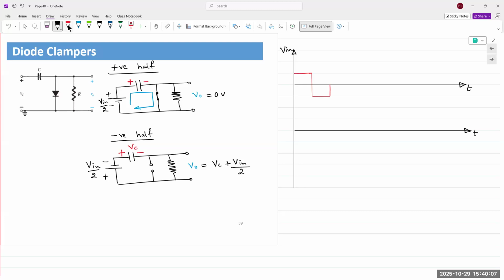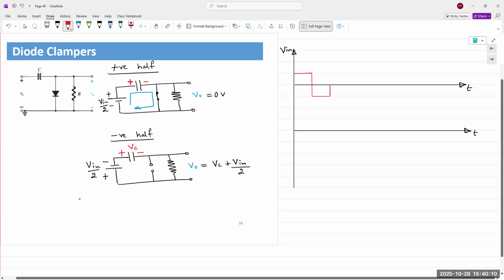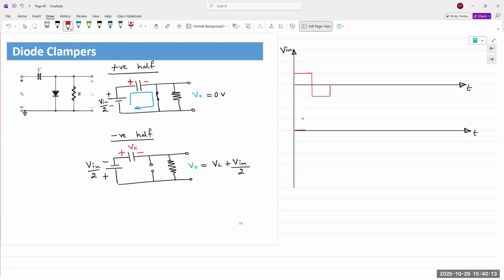For the positive half cycle, I have 0. In the negative half cycle, it goes to minus VC minus V in by 2, the negative of VC plus V in by 2.